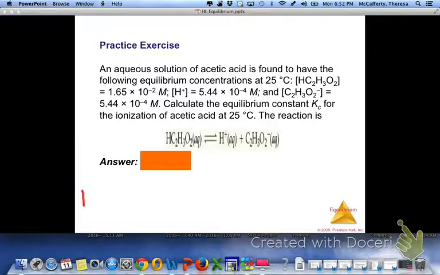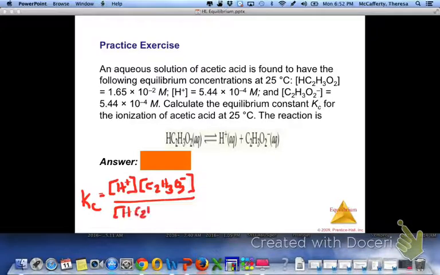Going through the steps, we have Kc is equal to the product concentrations. That's the hydronium ion times the acetate ion over the acetic acid. Everything is just to the first power because there are no coefficients, meaning the coefficients are just 1.